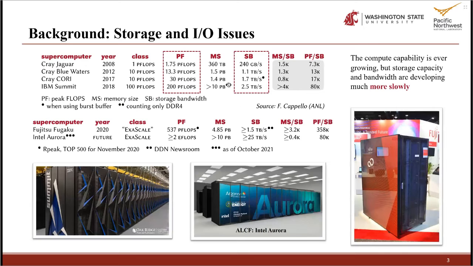For example, the LP column is the peak performance, and the SB column shows the storage bandwidth. The peak performance has grown by more than 100 times, but the storage bandwidth has only gained 10 times from the Jaguar supercomputer to the Summit supercomputer.